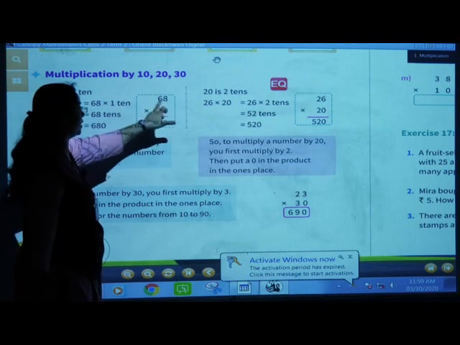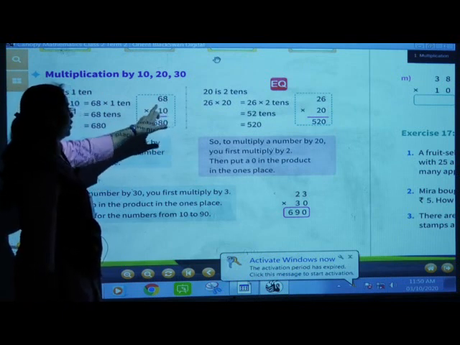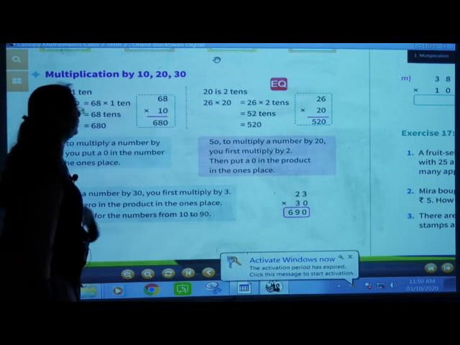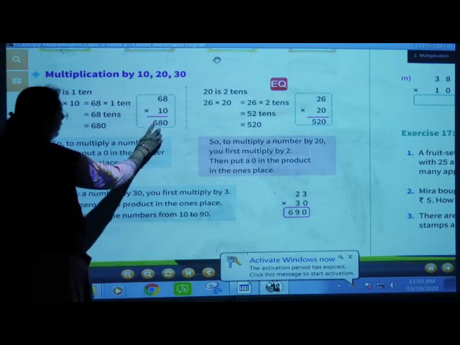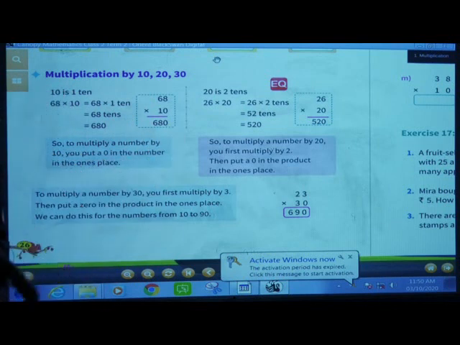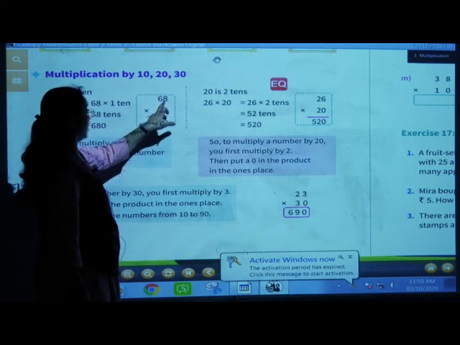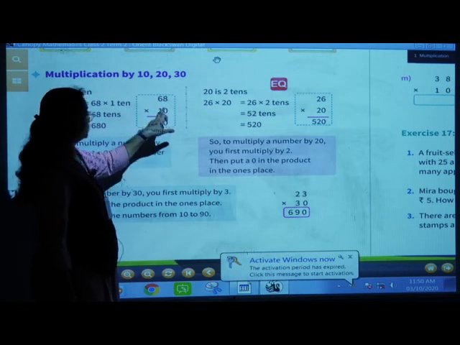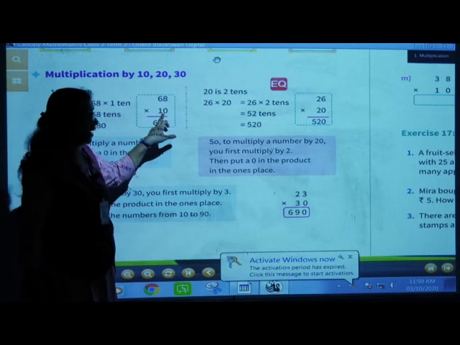See, 68 multiplied by 10 is 680. See, 8 multiplied by 10. 10 8s are 80.